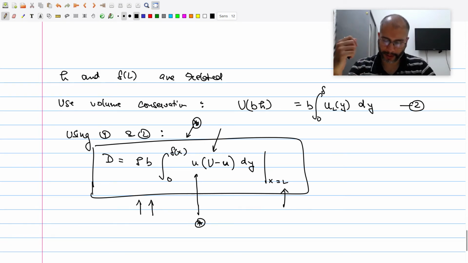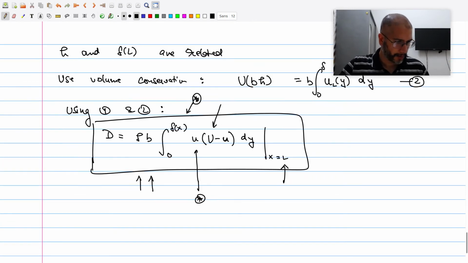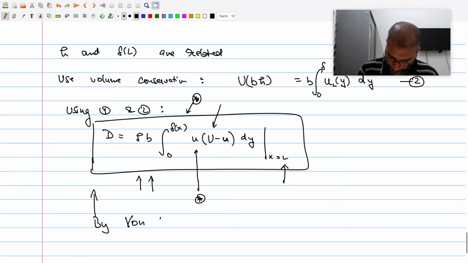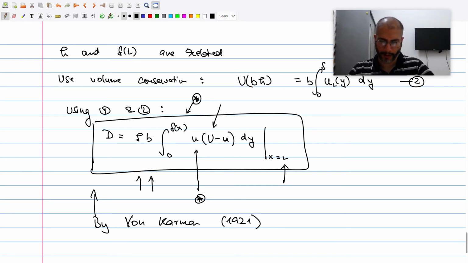So without these, we cannot proceed any further. So this expression for the drag D was given by von Karman. Okay, the same von Karman who gave the alternate vortex shedding that we talked about earlier.